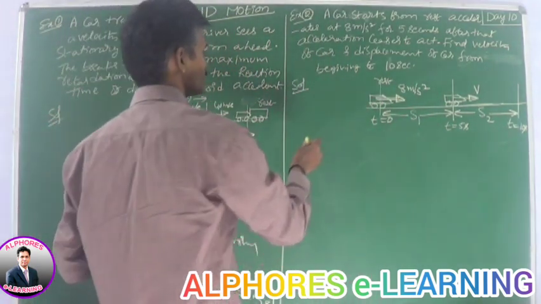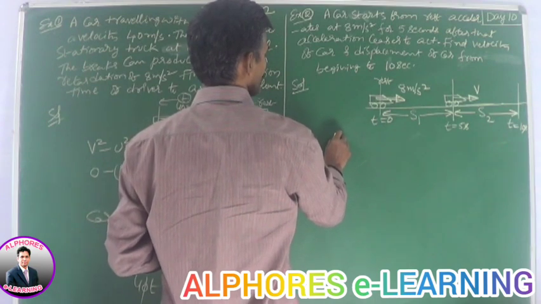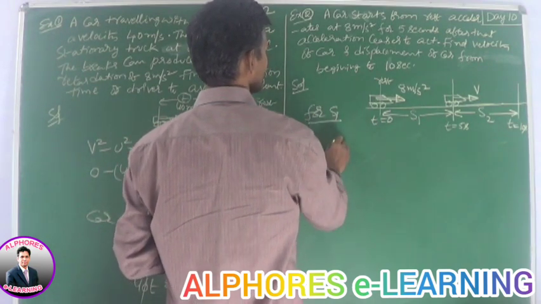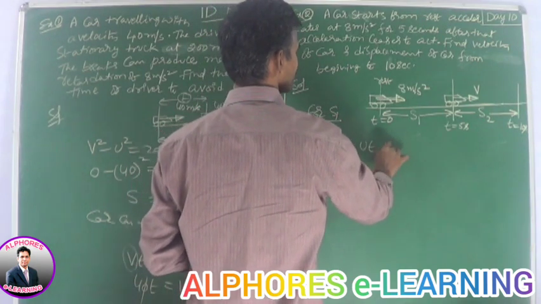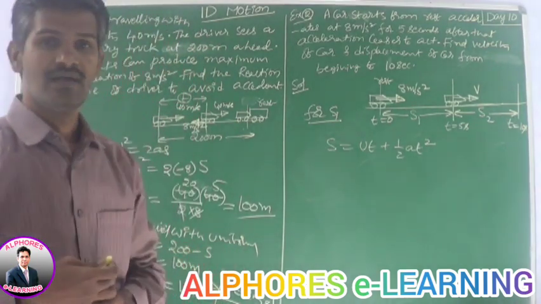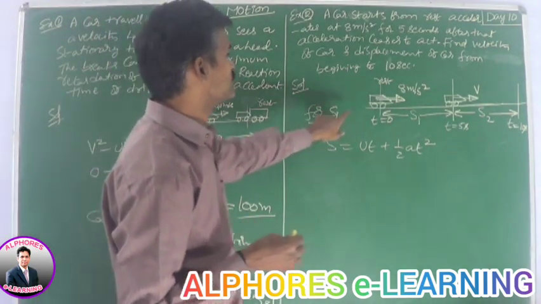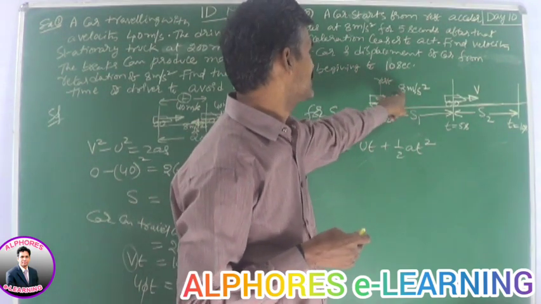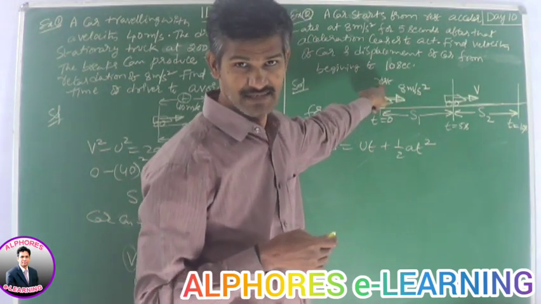How to calculate S1 and S2? For S1, I am using S equal to ut plus half at squared. Why? Because the car is accelerating, I have acceleration and I have initial velocity.